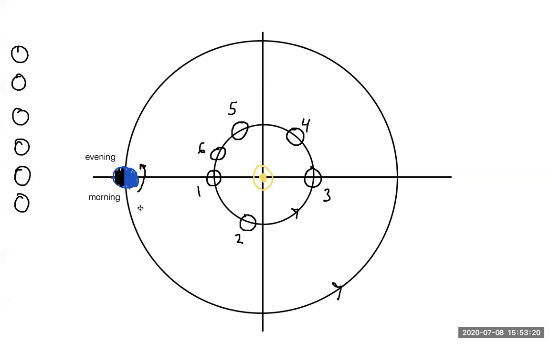Okay. So let's go ahead and take a look at this the same way we did last time. We've got sunlight coming in. And that sunlight is illuminating our planet.